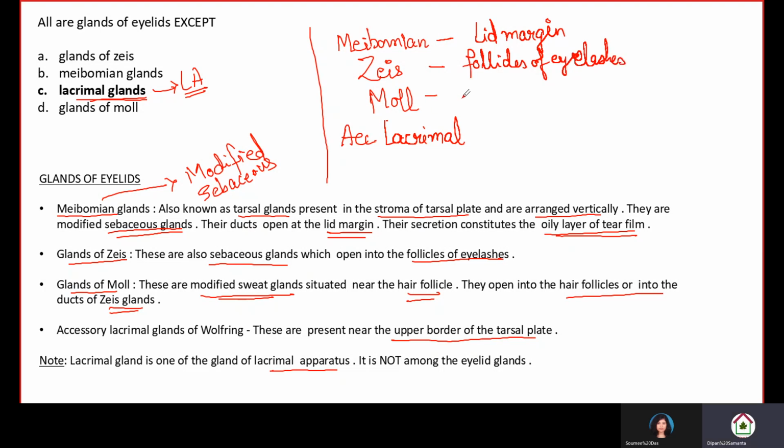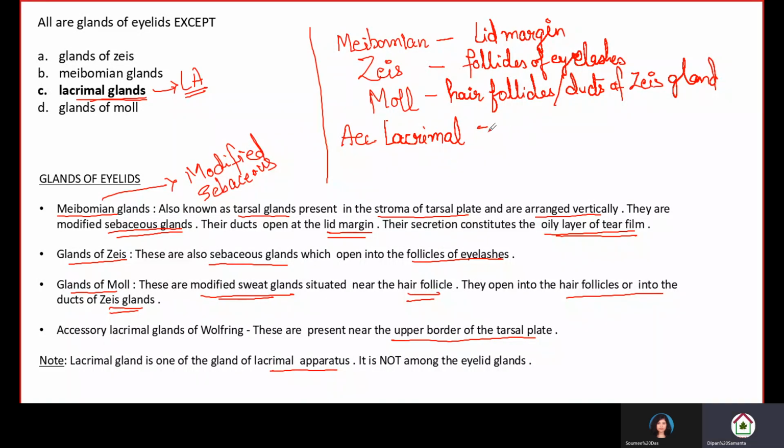Moll glands are situated near the hair follicle and open into the hair follicle, or into the ducts of Zeis gland. Accessory lacrimal glands of Wolfring are present near the upper border of the tarsal plate.